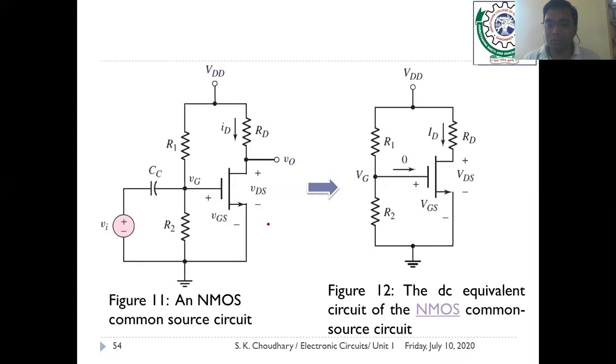This circuit will be used for solving numericals, for the theoretical answers of the examination, as well as the practical examination, because the first 3 or 4 practicals are based on this MOSFET common source circuit. So practice and practice this.